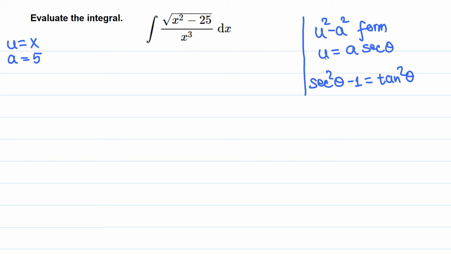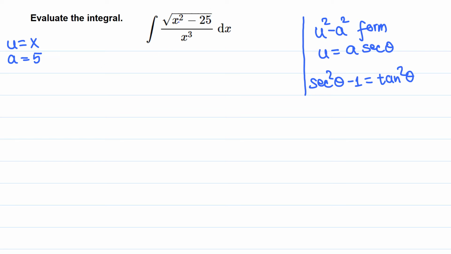For that, we use u equals a secant theta. When we plug this in, we're going to use secant squared minus 1 equals tangent squared theta, this identity. Then we can get rid of this square root.